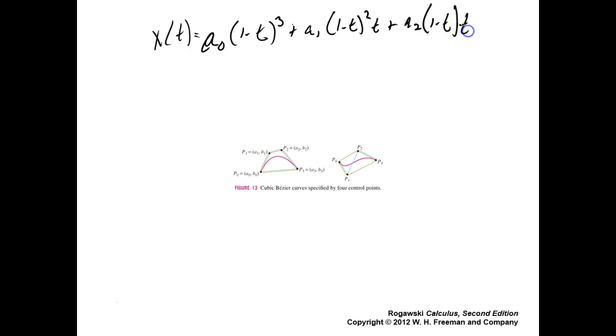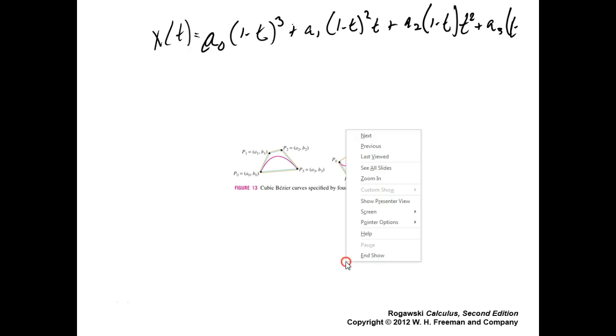X of t is equal to A0 times 1 minus t cubed, plus A1 times 1 minus t squared times t, plus A2 times 1 minus t times t squared, plus A3 t cubed.